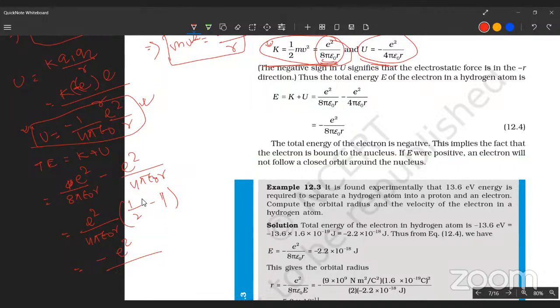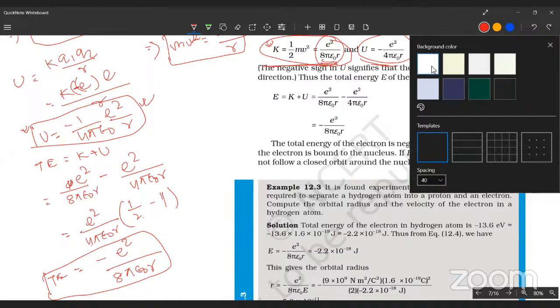So minus half multiplied gives minus E square by 8 pi epsilon naught R. This is the total energy of the electron that is revolving around the nucleus.